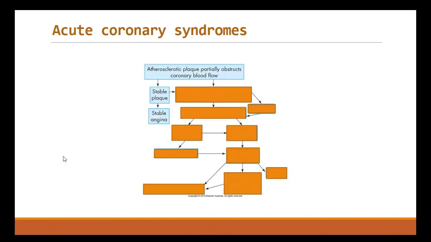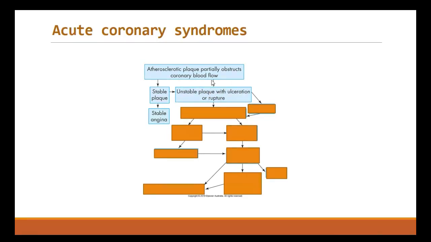Now, acute coronary syndrome, let's try to understand this in more depth. An atherosclerotic plaque partially obstructs coronary blood flow. If it is a stable plaque, same size, it would lead to stable angina.